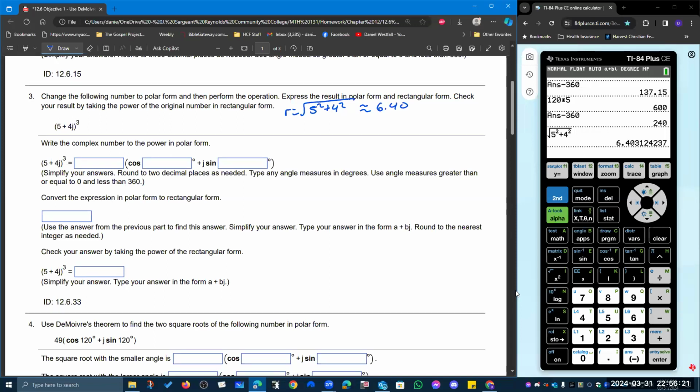Then we're going to take that r and raise it to the third. 6.40 raised to the third, we get 262.14.